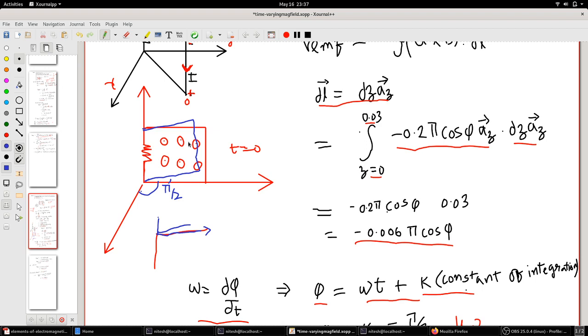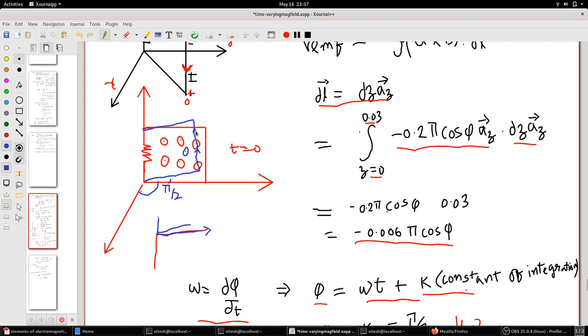I have to oppose the decrease in B, so the induced current has to create a B field which will increase the B. That happens only when the induced B is also pointing in this direction, and that is possible only when I is in this particular direction.